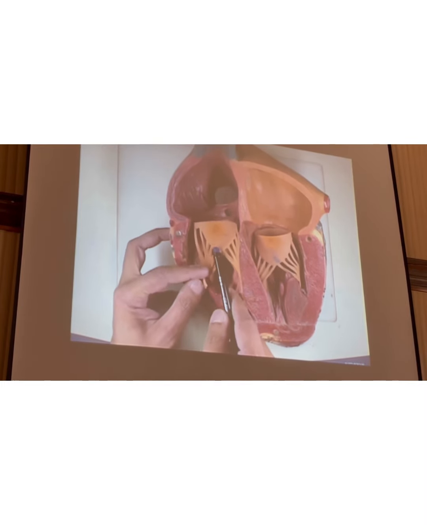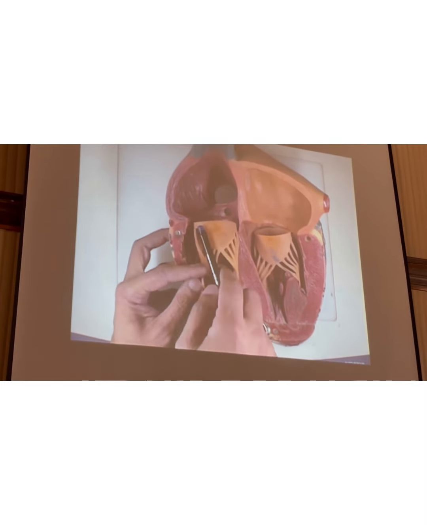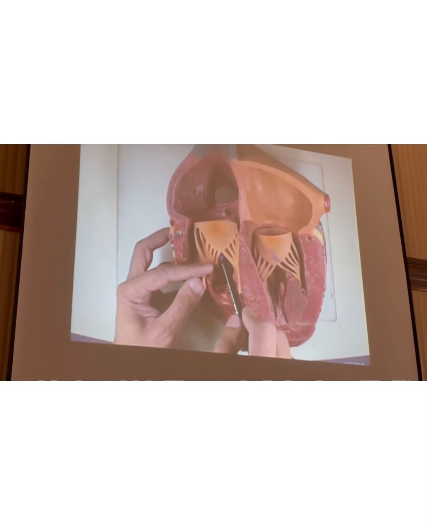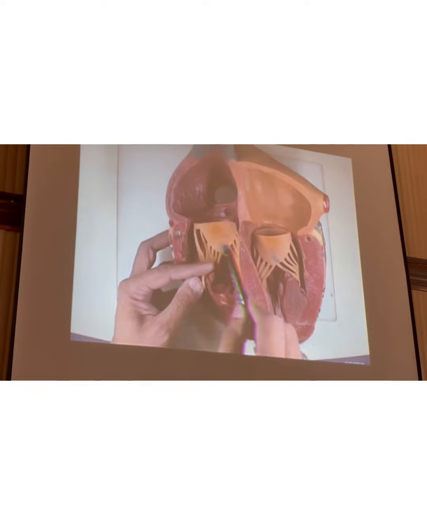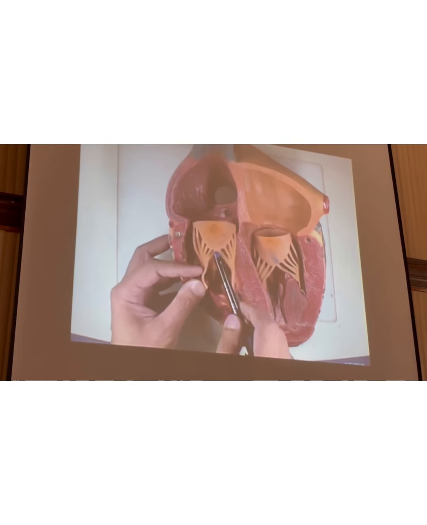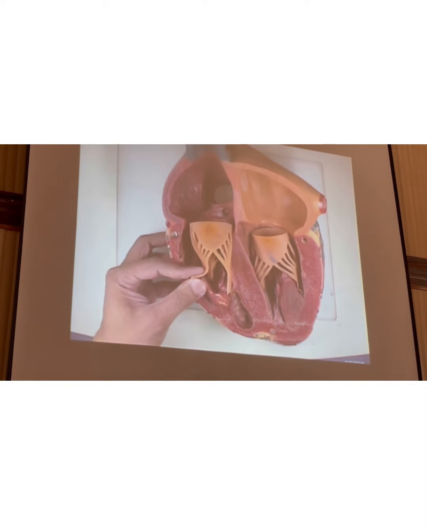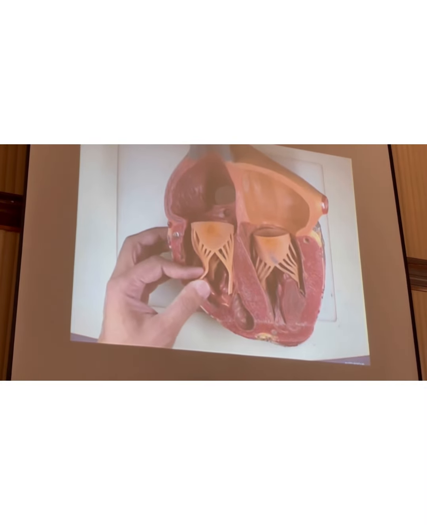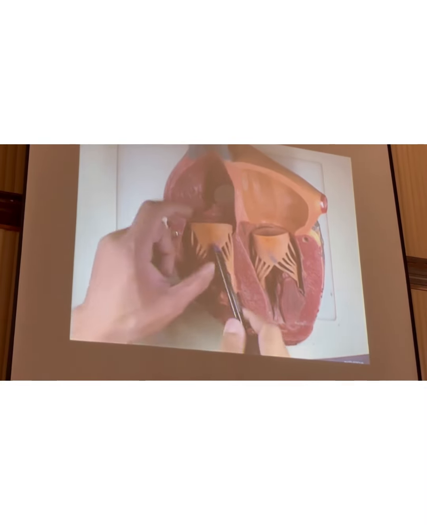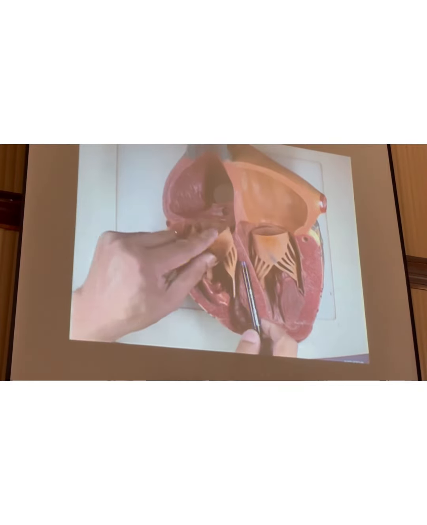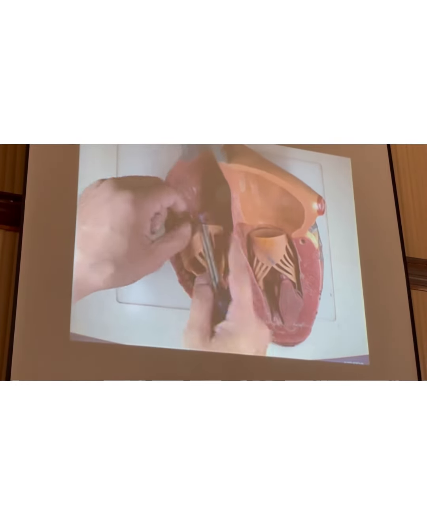The other end of the chordae tendineae is attached to the edge of the ventricular surface of the cusps of the tricuspid valve. Tricuspid means it has three cusps: anterior, posterior, then septal.